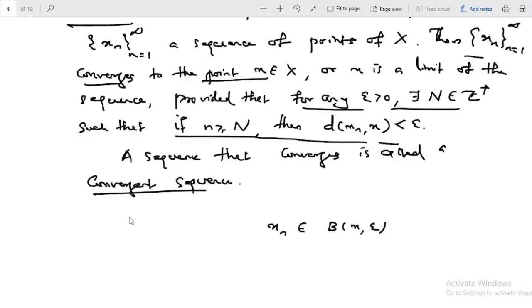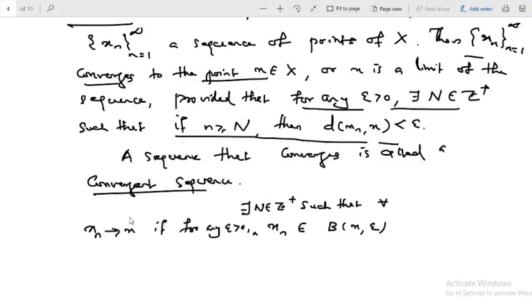That is, xn converges to x if for any epsilon greater than 0, there exists N such that for every n greater than or equal to N, xn belongs to B(x, epsilon).